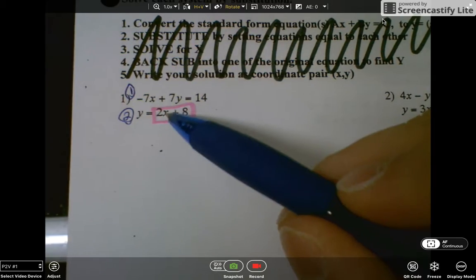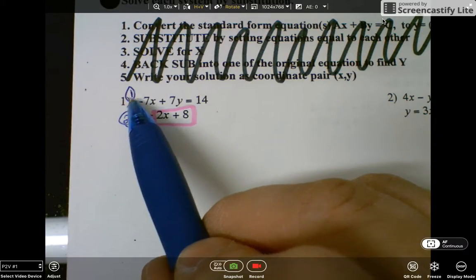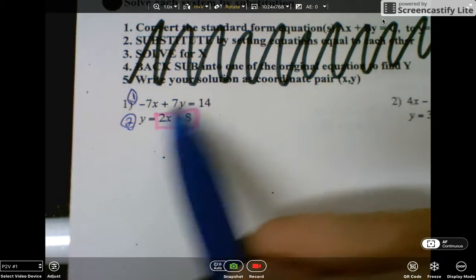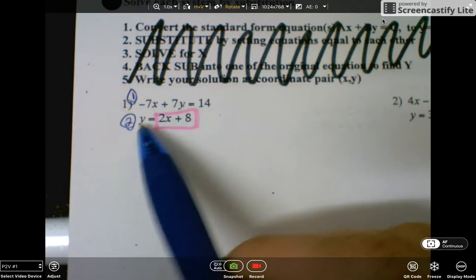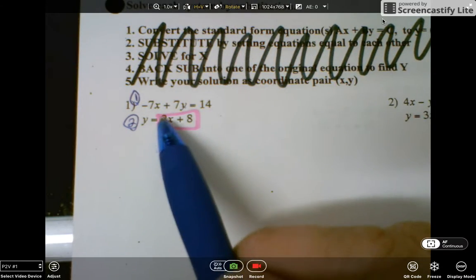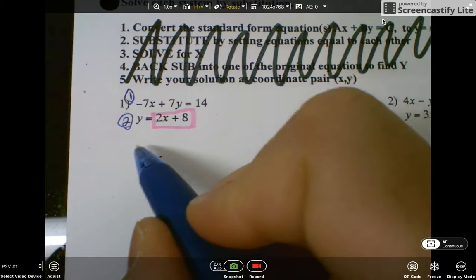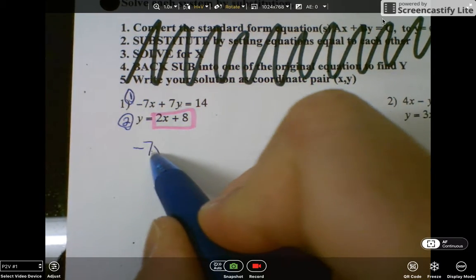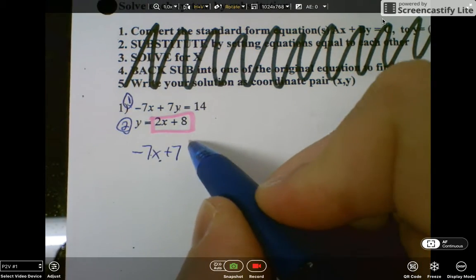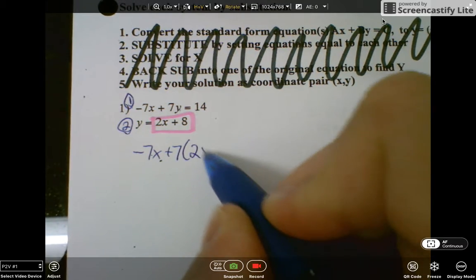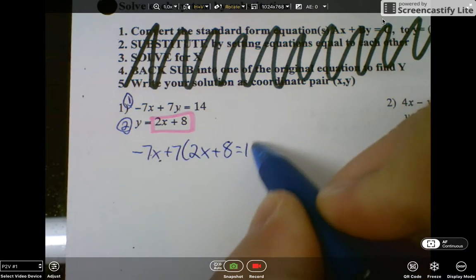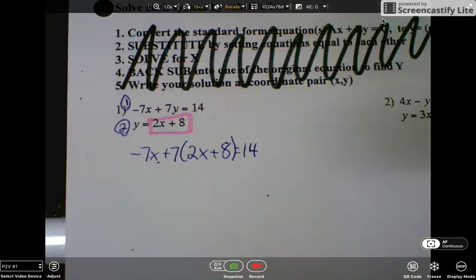I'm going to rewrite equation 1, but when I get to what y is here, I'm going to substitute it with the pink box 2x plus 8. So I'll write negative 7x plus 7 parentheses 2x plus 8 equals 14.